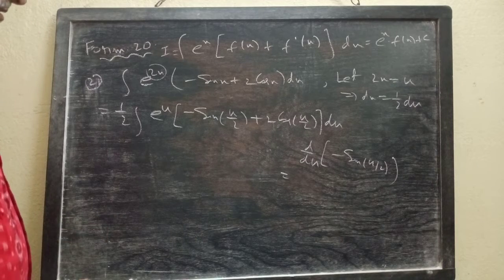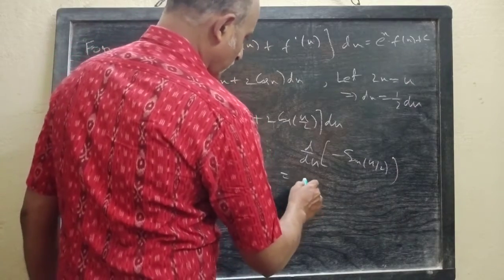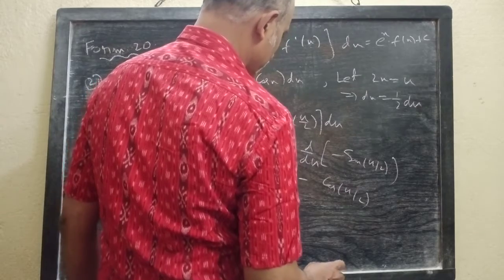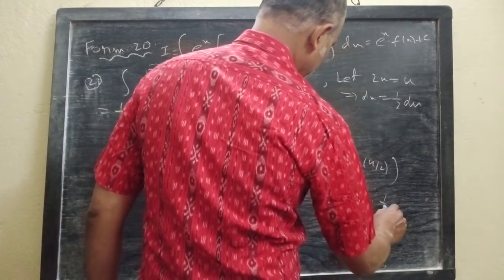If it is minus, then how can it be? Minus cos of u by 2 into half.